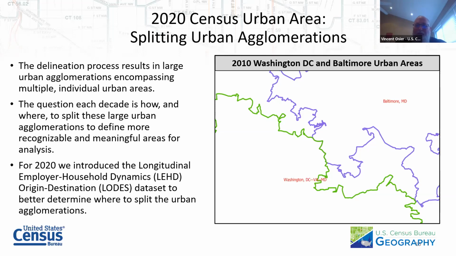We found algorithms that had been utilized externally to the Census Bureau that could be applied to these to build traffic flow, commuter flow areas that provide better distinctions between where we want to split between the various urban areas. So can you jump to the next slide quick?